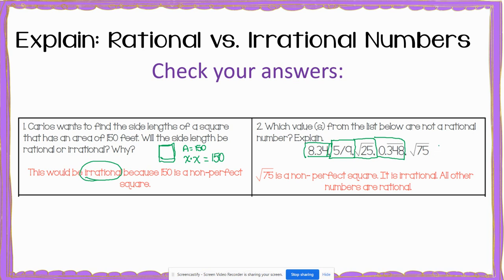However, the square root of 75 is irrational. This is because there is no number that can multiply by itself to give us 75. So it is considered a non-perfect square, which means that it is irrational. But every other number in that list is considered rational.